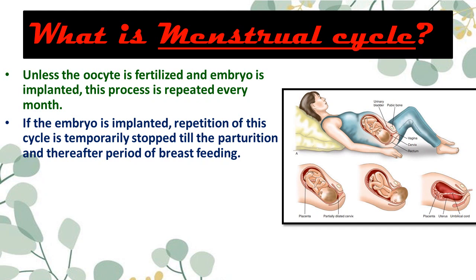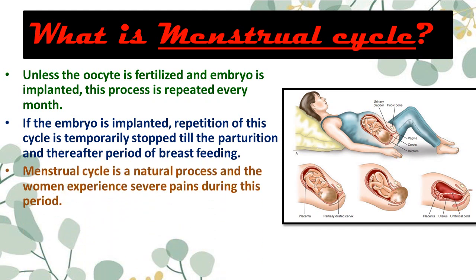So when the oocyte is fertilized, the menstrual cycle stops for some time, for a few months, until the parturition, that means delivery of a baby, and thereafter the period of breastfeeding.